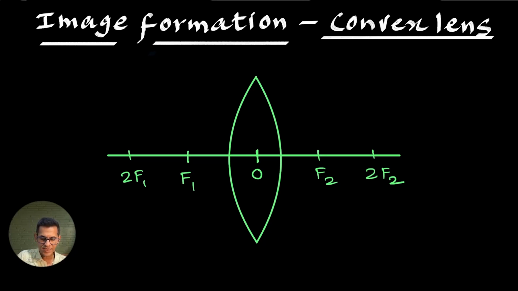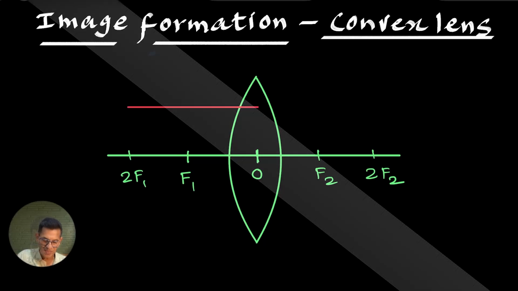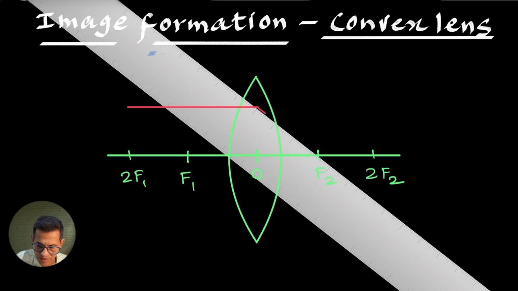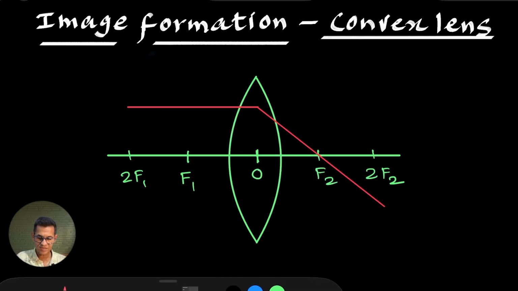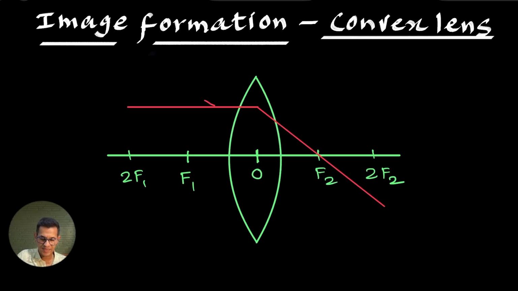The first rule says that if a light ray is traveling parallel to principal axis, after refraction, this light ray will pass through focus. Remember, lenses refract light, they bend light, they don't reflect light like mirrors. So that is your first rule.